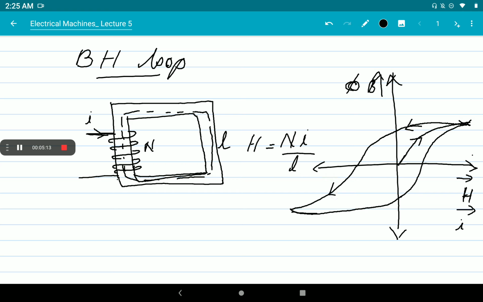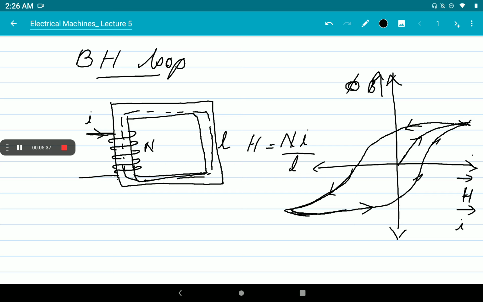And if we want to magnetize again in the opposite direction, it will follow another saturation point, and when we try to make the current zero, this will follow another path like this. B and I will not become zero. Okay.